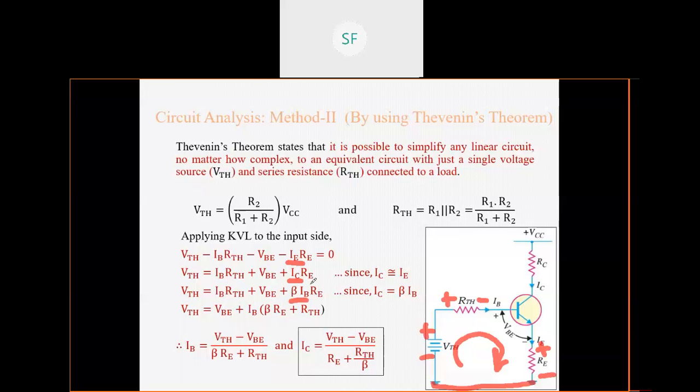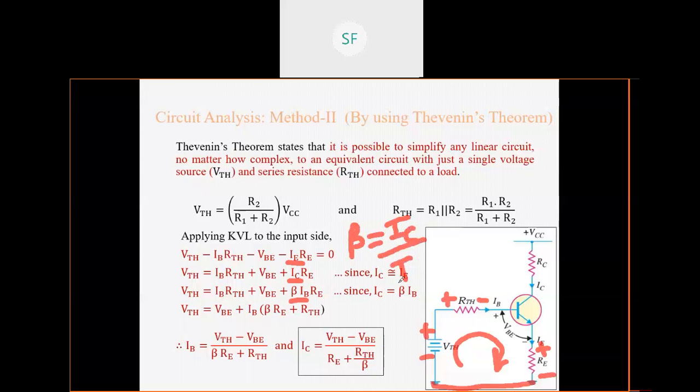Now IC, we have discussed in I think last session और उसके पहले डिस्कस किया होगा that beta है ना, we are observing common emitter configuration. So in common emitter configuration, always beta is nothing but your current gain. Beta is nothing but output current IC divided by input current.